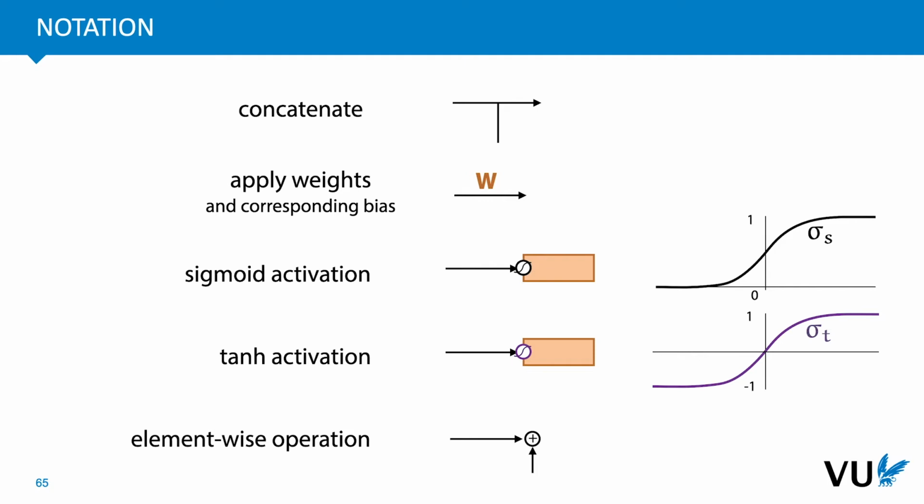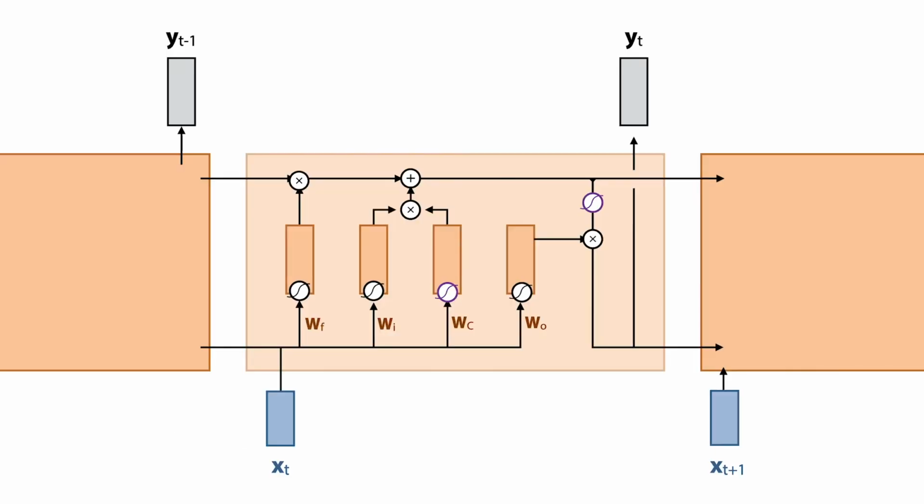The sigmoid activation, we use this familiar symbol. The tanh activation, which remember is just a sigmoid activation, except it ranges between -1 and 1, we use the same symbol but in purple. And for element-wise operations like addition and multiplication, we'll use a circle. Using this notation, the inside of an LSTM cell looks like this.